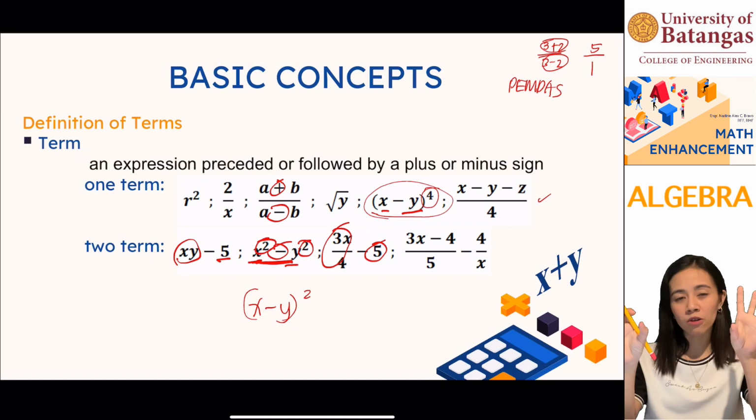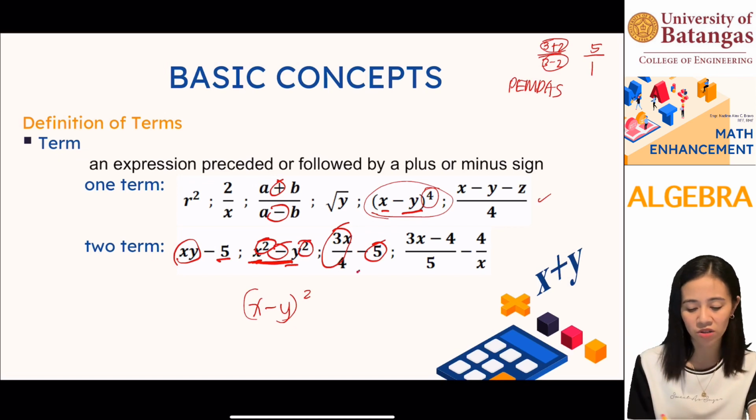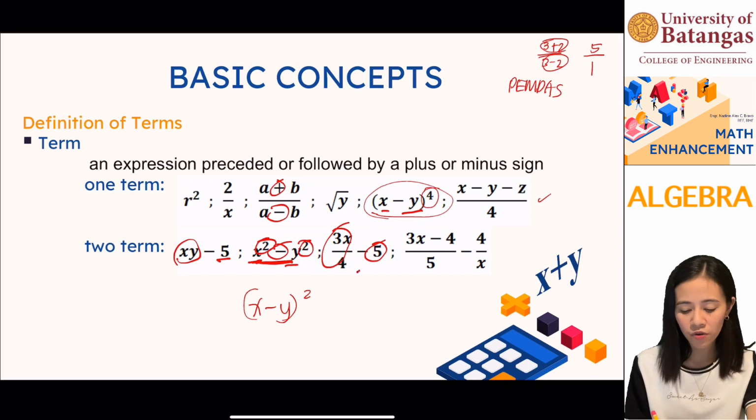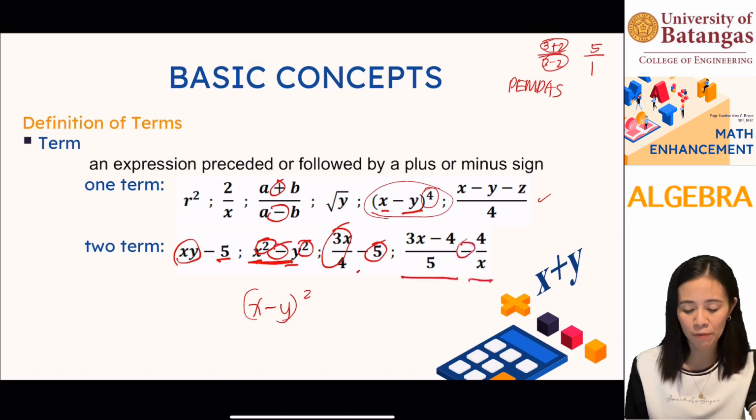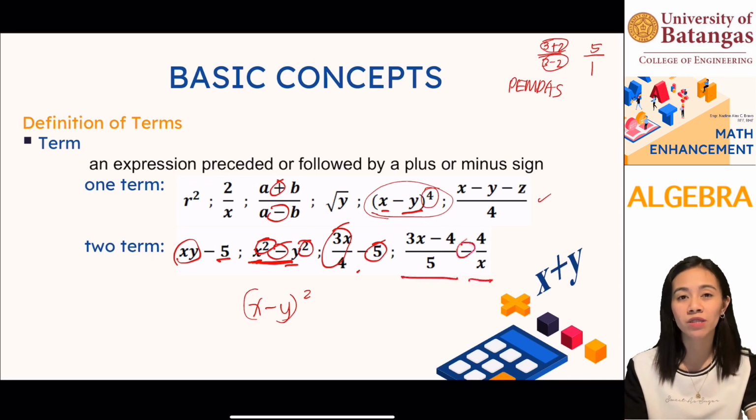And then we separated them using subtraction ulit. Okay. And then again, you have fractions or difference of fractions. So yung fraction number 1 is 3x minus 4 all over 5. And then the second fraction would be 4 over x. So if you take the difference between the two, then you have 2 terms. Ano nga po? Okay, so, kailangan malinaw tayo doon sa numbers of terms that we have in the expressions.